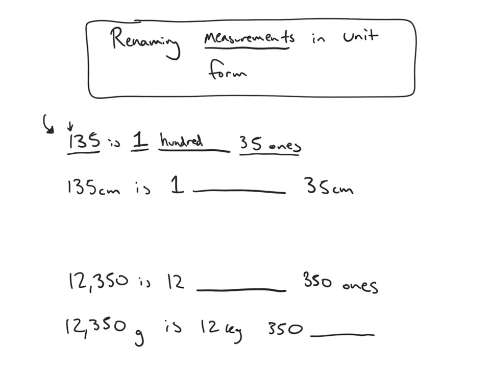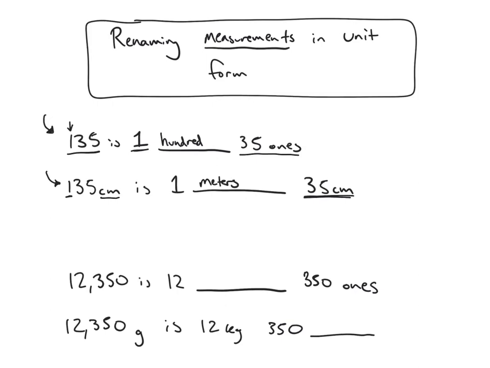135 ones. And then similarly, we have the same problem, except this time we're using metric measurement. We have 135 centimeters, and we are given that 35 centimeters right here, so we need to know what this 1 in the 135 centimeters represents. Well, we know that the hundreds place, when we're given centimeters, represents meters.